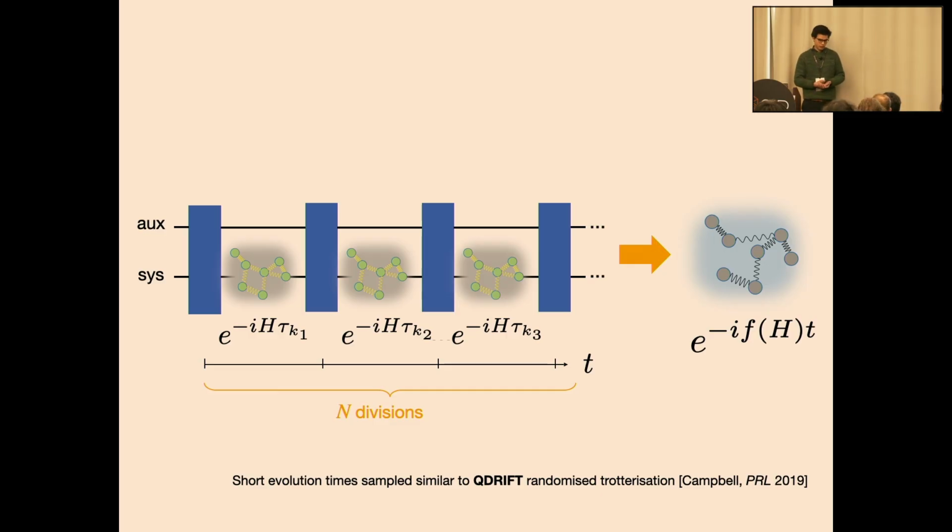The evolution times at each step, as well as the inherent randomness in these blue fixed gates, are sampled in a way that is analogous to the Q-drift Hamiltonian simulation algorithm for known Hamiltonians. If you're not familiar with that, you will see how it works later on in the technical part.